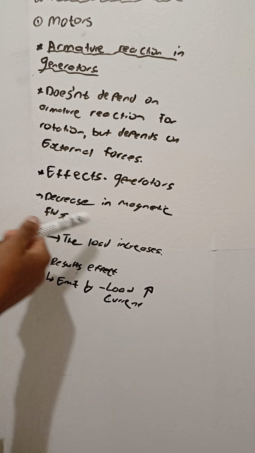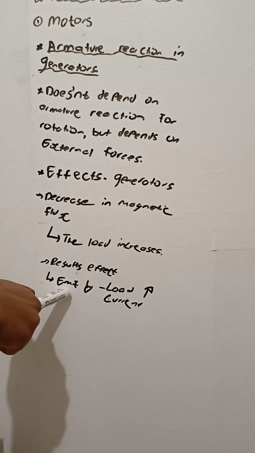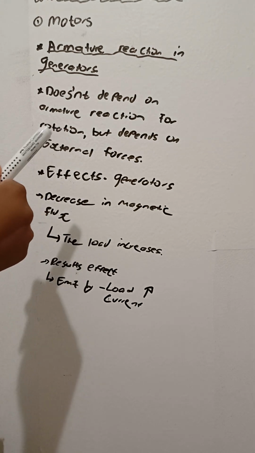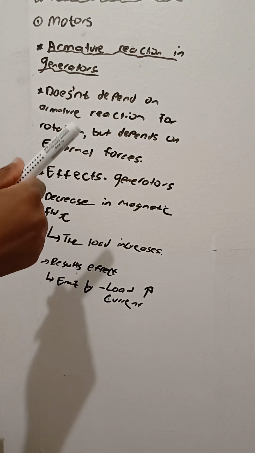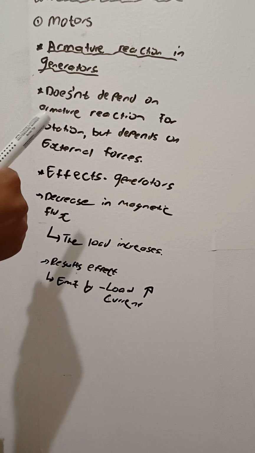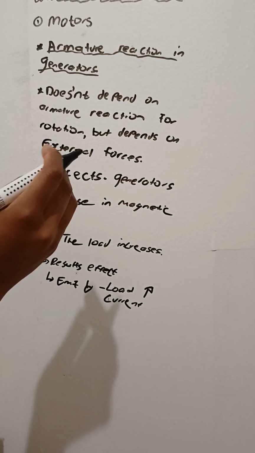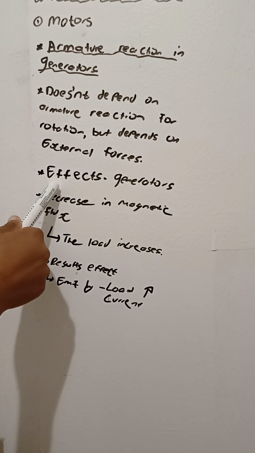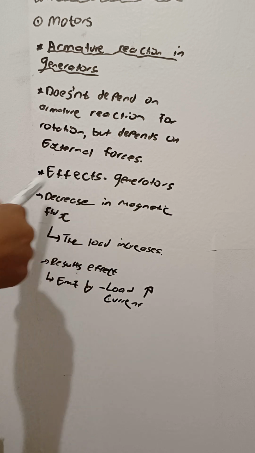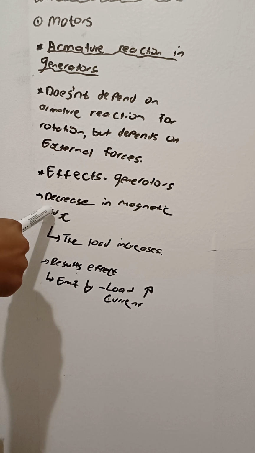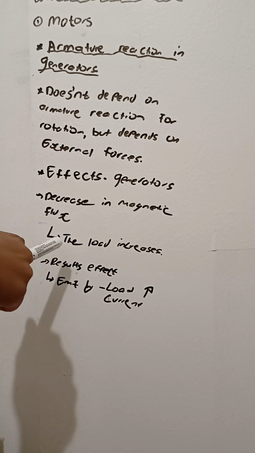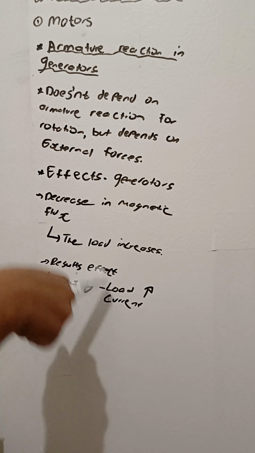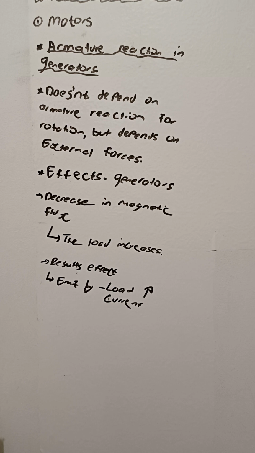Remember, generators do not depend on armature reaction for rotation. They depend on external forces, but armature reaction still has effects on generators, which will decrease the magnetic flux, and if the magnetic flux decreases, then the load will increase, and as the result, the EMF will decrease while the load current increases.